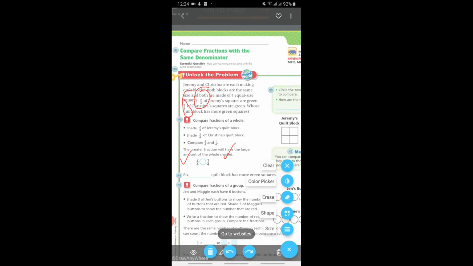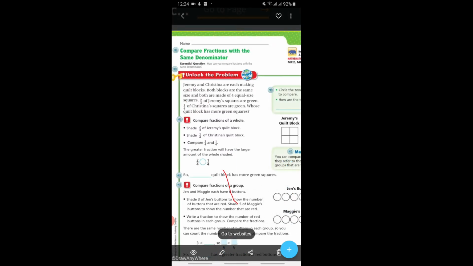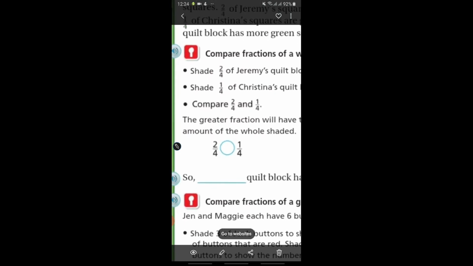As I told you, here we see the denominator, this is a 4 and here is also 4.